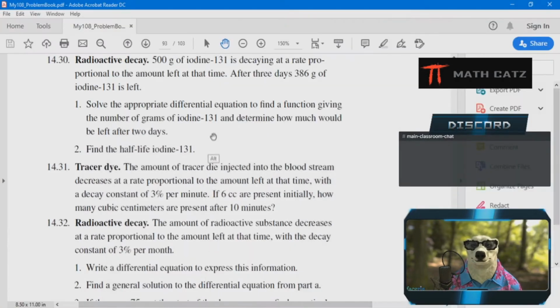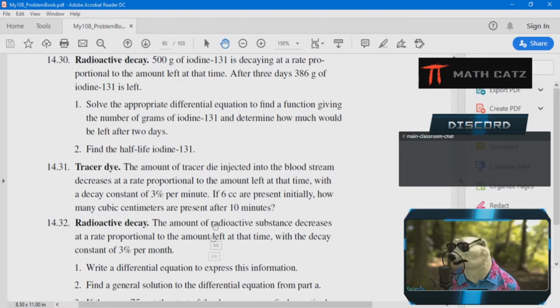And let's read it. 500 grams of iodine 131 is decaying at a rate proportional to the amount left at that time. That's a key sentence that gives us our differential equation. After 3 days, 386 grams of iodine 131 is left. Solve the appropriate differential equation to find a function giving the number of grams of iodine 131 and determine how much would be left after 2 days.